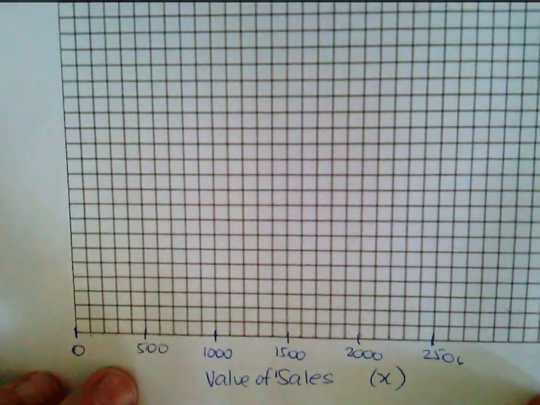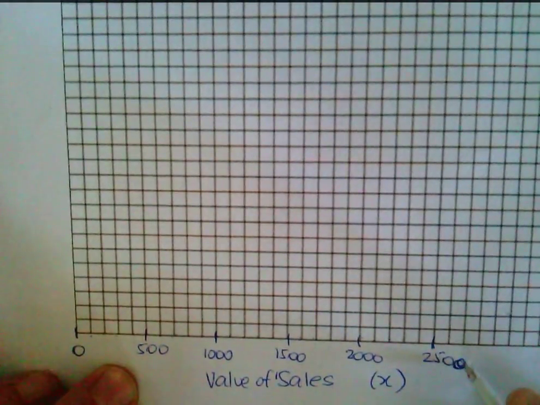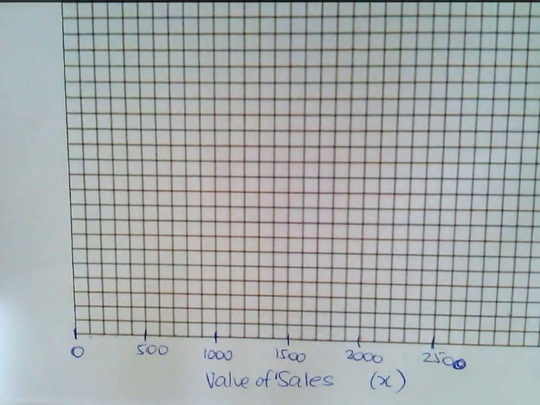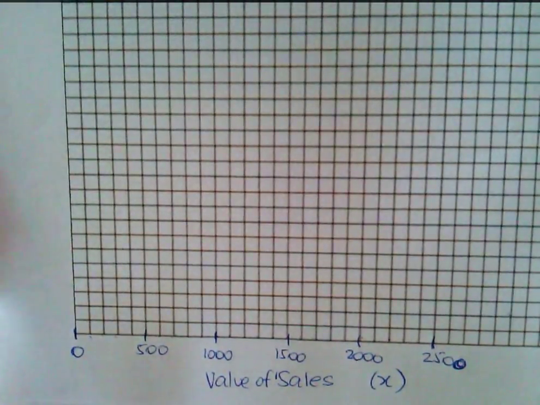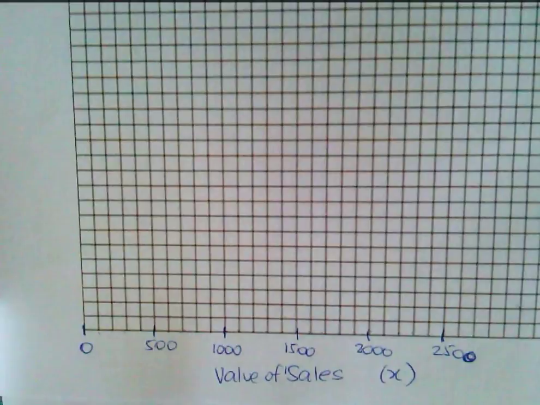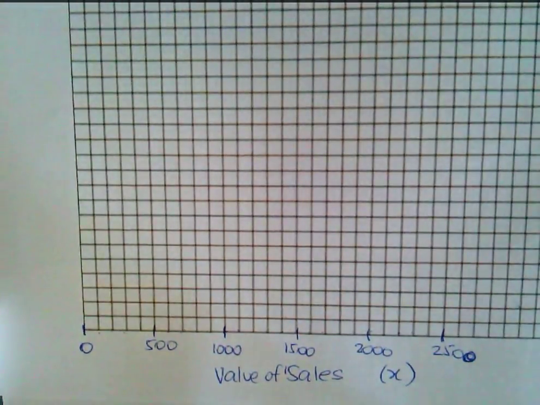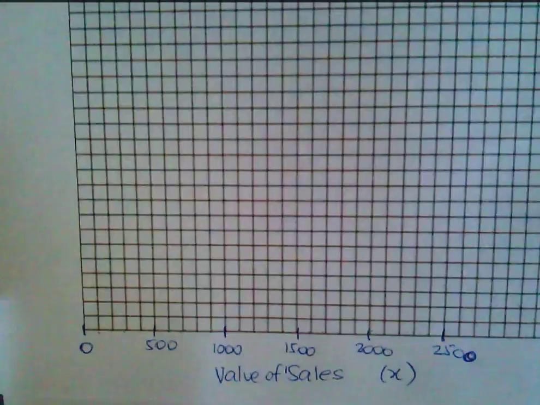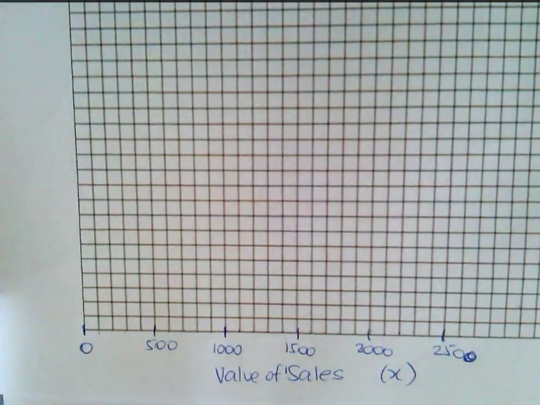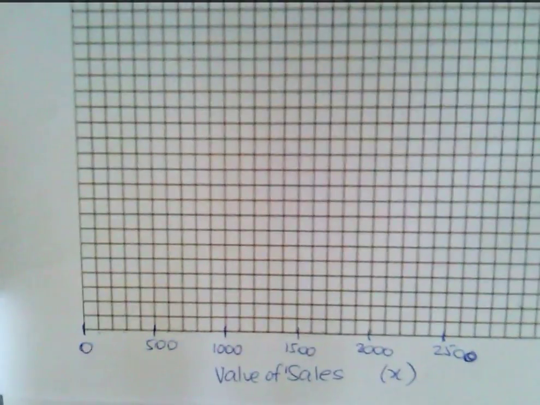And on the other axis, we have to put the commission C. So we've got to decide what sorts of values we're going to get before we decide on the scale going up there. I don't know how high it's going to go. They want you to go from 0 to 2,400. So why don't we work out our maximum value?